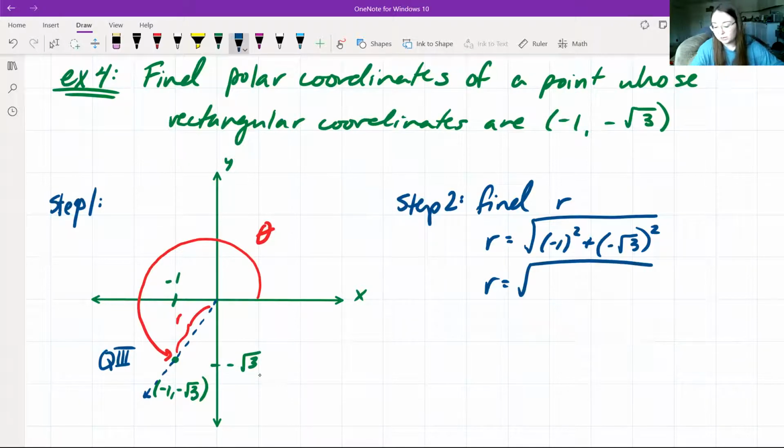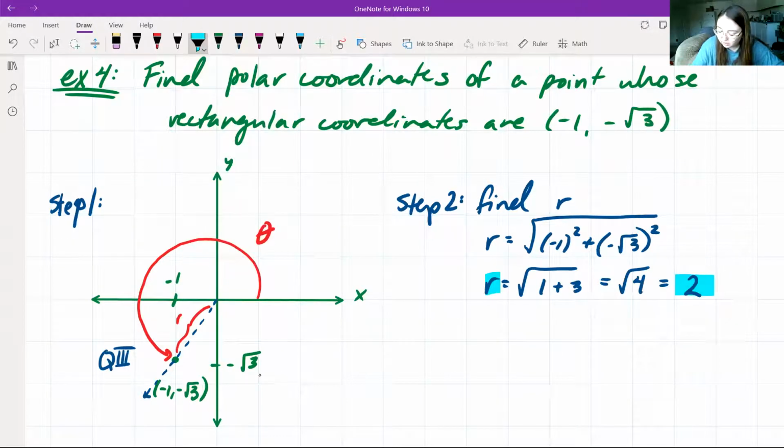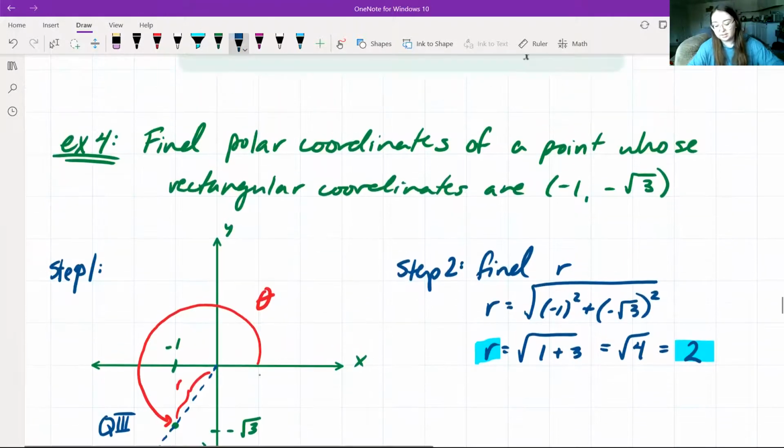The square of -1 is going to be 1, and the square of negative square root of 3 is 3. So we get r is equal to the square root of 1 plus 3, which is equal to the square root of 4, which is just 2. So r is equal to 2. We found our value of r in step 2.